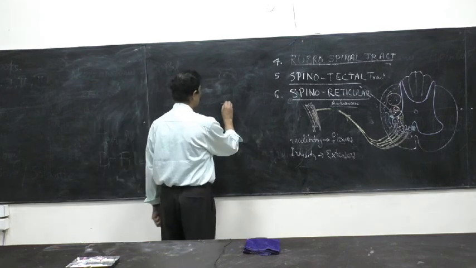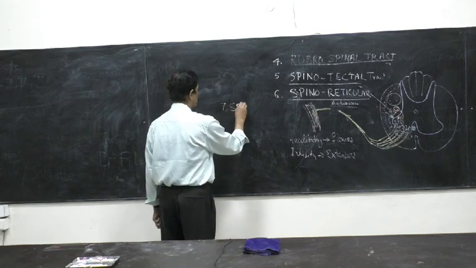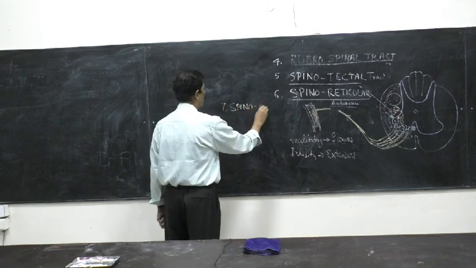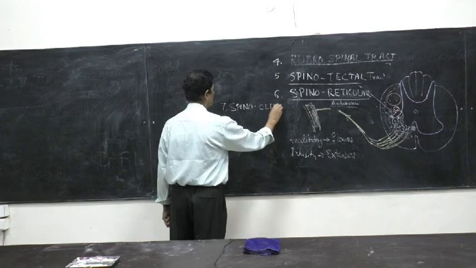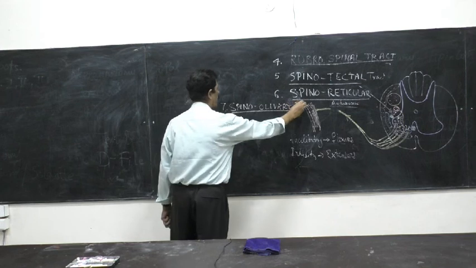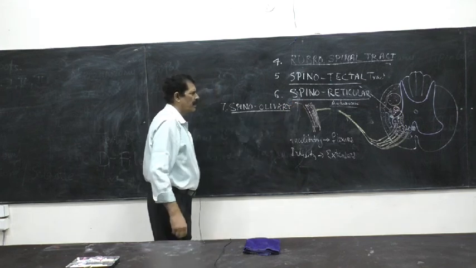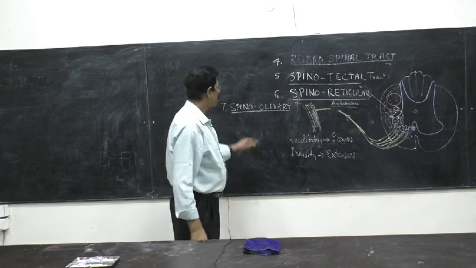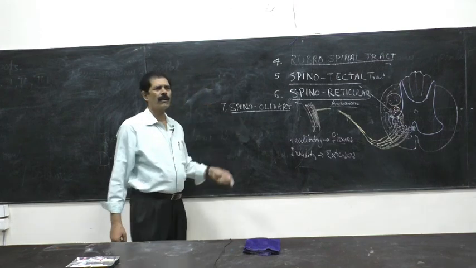The last one is the spino-olivary tract. The spino-olivary tract means spinal cord to the olivary nucleus.